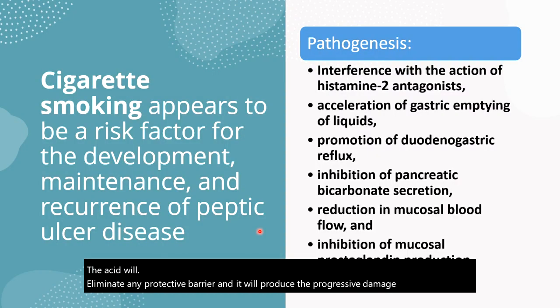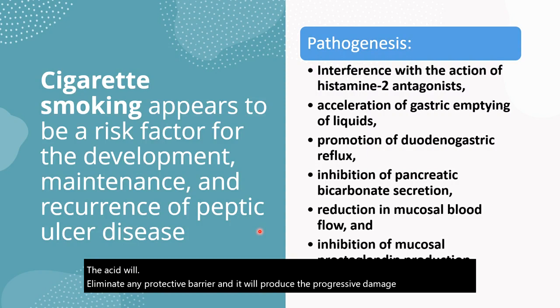So, why could smoking be a factor in the maintenance, the development, and also the recurrence of a peptic ulcer disease? Mainly because it will inhibit the bicarbonate secretion of the pancreas.